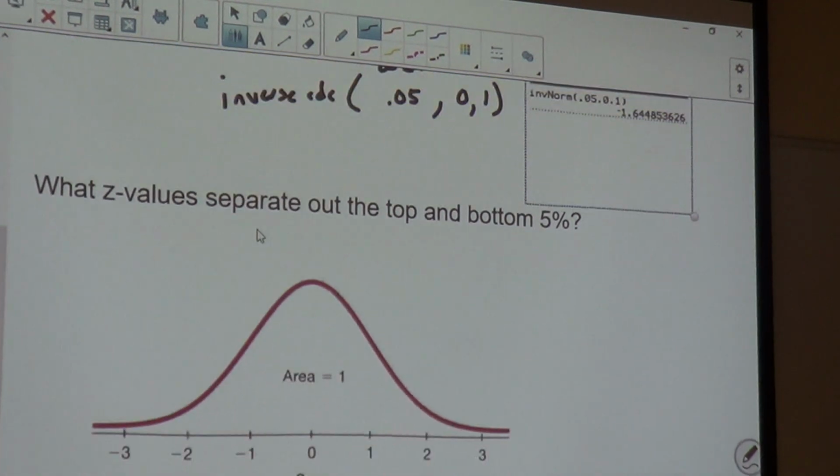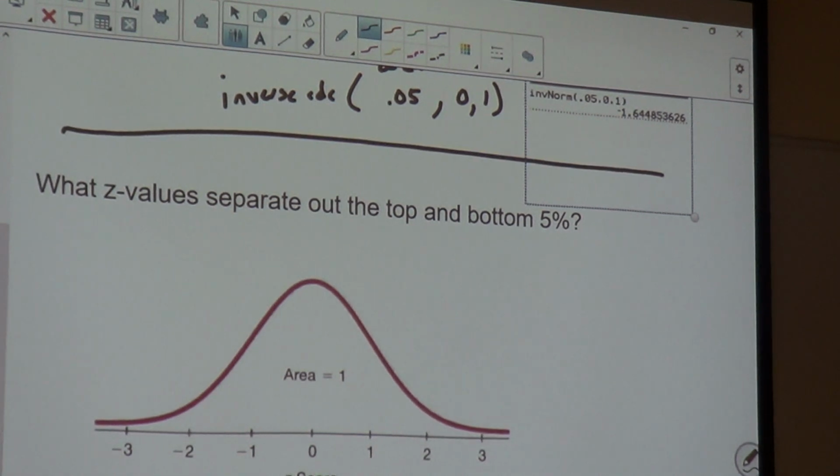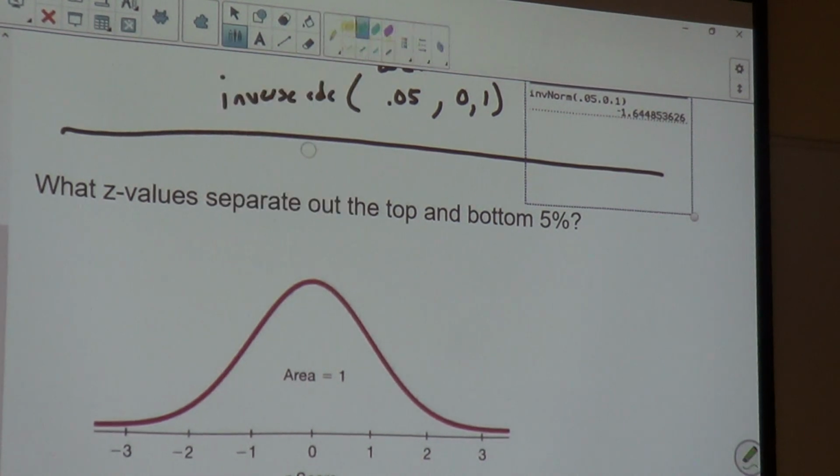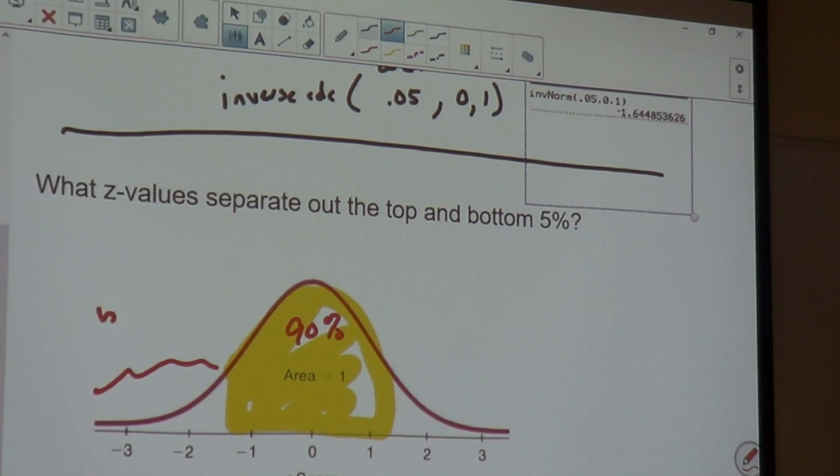All right, let's look at another one. What Z values separate out the top and the bottom 5%? Well, we just talked about if this is 90%, this would be the bottom 5%, and this would be the top 5%.